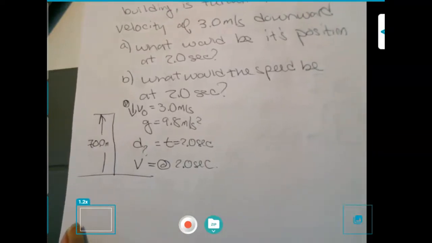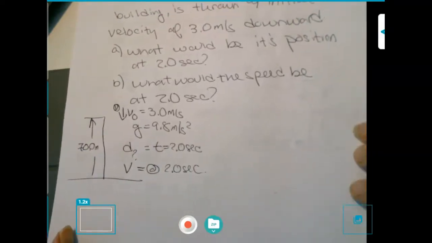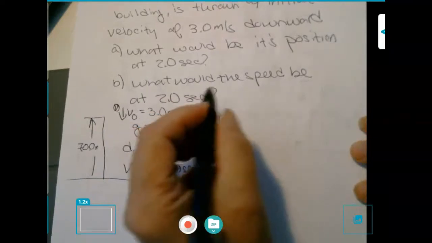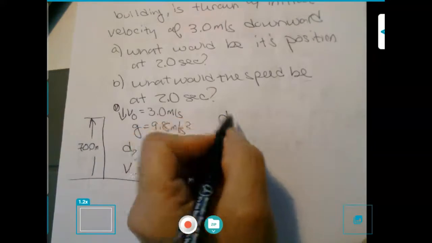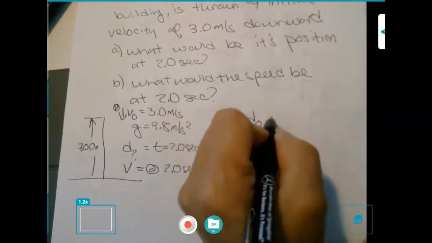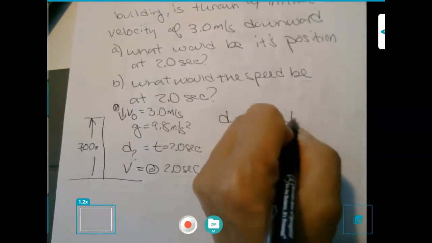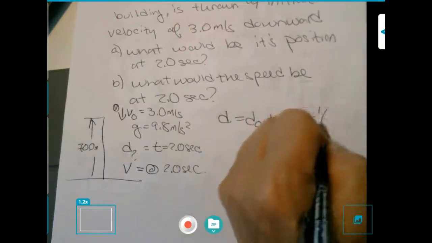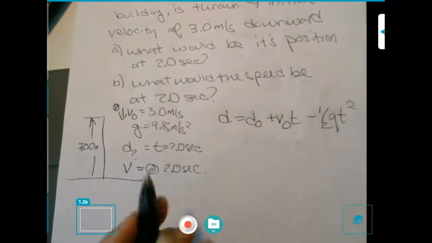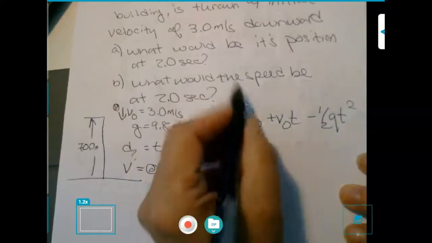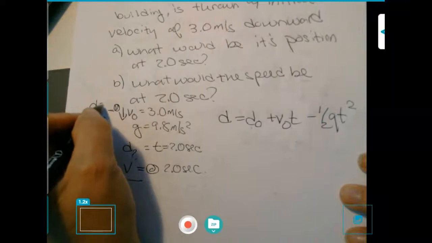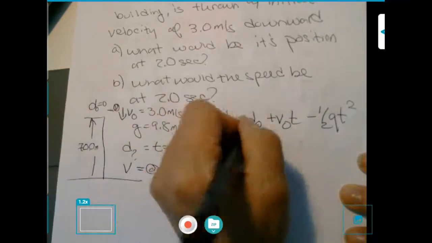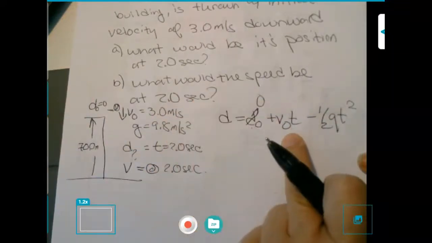So we use the same equation, that d is equal to d0 plus v0t, then minus 1/2 gt squared. So d0 is still starting at 0, so d0 is 0. So this goes to 0, but this is not 0 anymore.